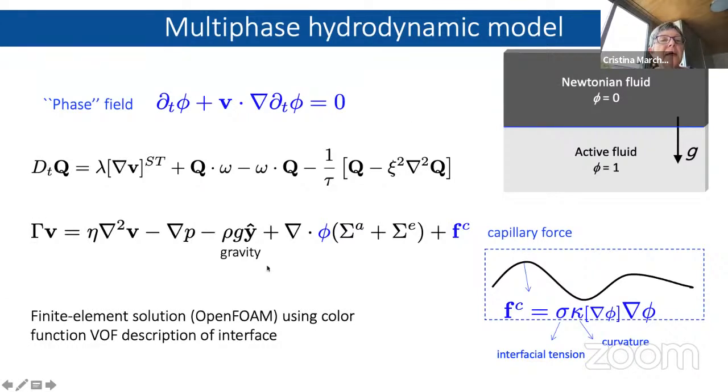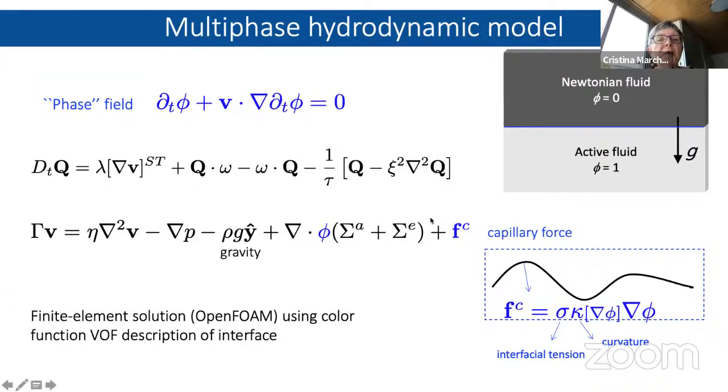And then we write again our hydrodynamic equations, but now notice that, first of all, these active and elastic stresses that couple to the liquid crystalline degrees of freedom are only present in the active fluid where phi is 1.